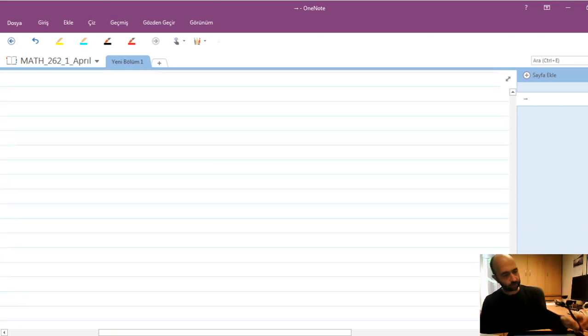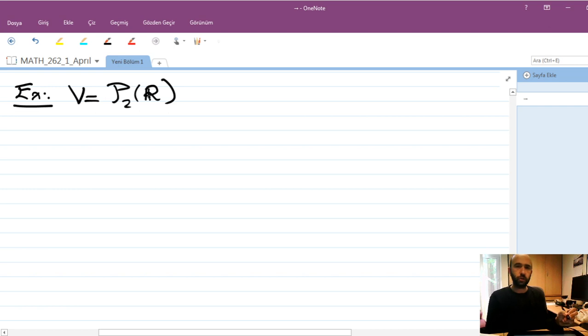Okay, so here's a simple example of this weighted inner product. Take V to be P2(R), so degree less than or equal to 2 polynomials, and for simplicity, let's take a and b to be -1 and 1.